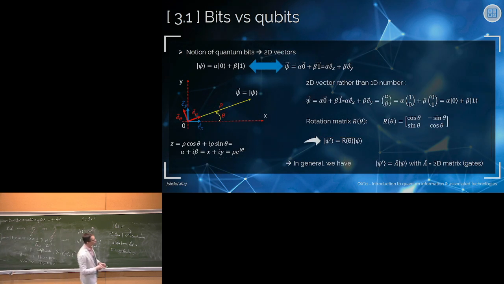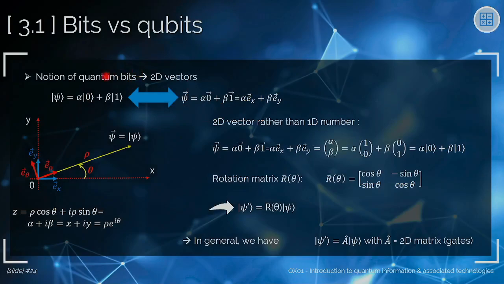So, go back to the notion of vectors. As I said, this qubit here, which is a linear combination of 0 and 1, can be seen as a 2D vector, which is a linear combination of vector 0 and vector 1.